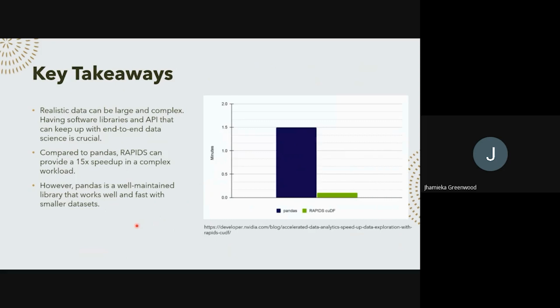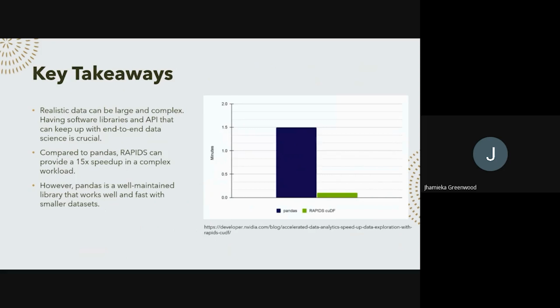But if you have something smaller, if you're not working with a lot of gigs of data, Pandas is very well maintained and works well, and it's getting faster every year. So it just depends on how much data you're working with and how efficient you want to be in your workflow. Kind of like weighing between the two.